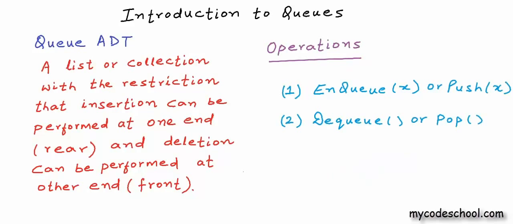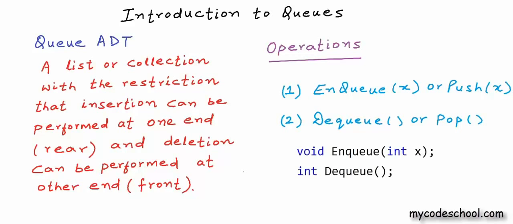Dequeue should remove an element from the front or head of the queue, and dequeue typically also returns this element that it removes from the head. The signatures of enqueue and dequeue for a queue of integers can be something like this. Enqueue is returning void here, while dequeue is returning an integer.